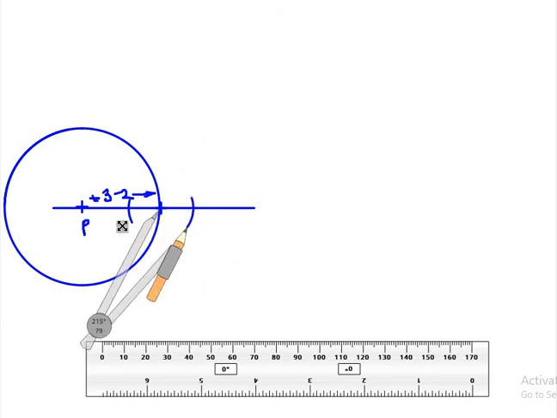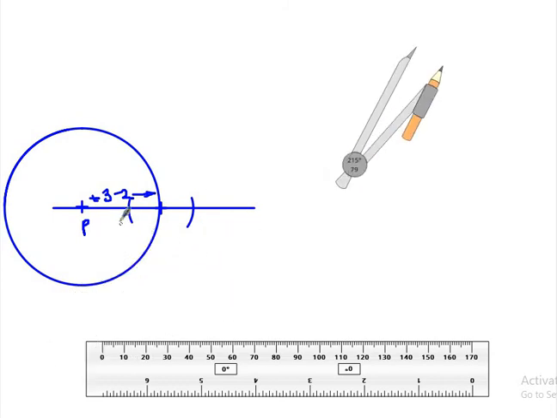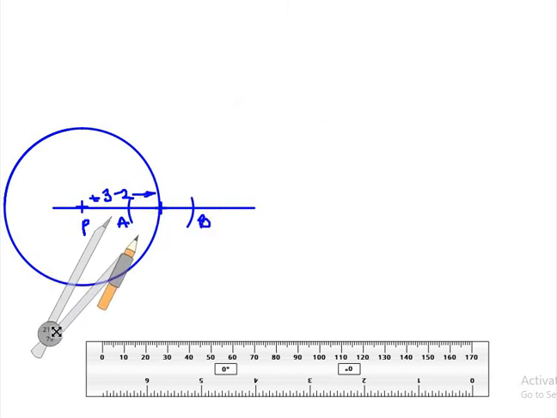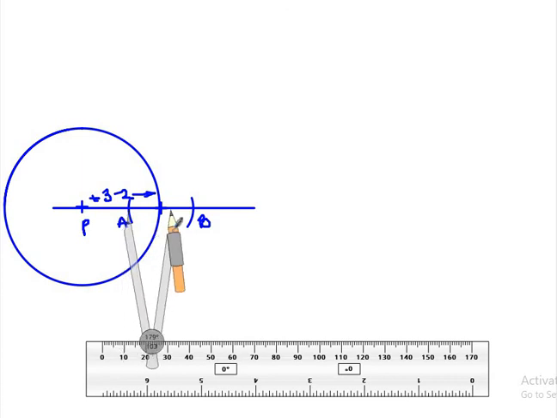And then again we follow the same procedure. Suppose these are the 2 points, I name these points as point A and point B. I keep the steel point on point A. Again I take distance more than half here.